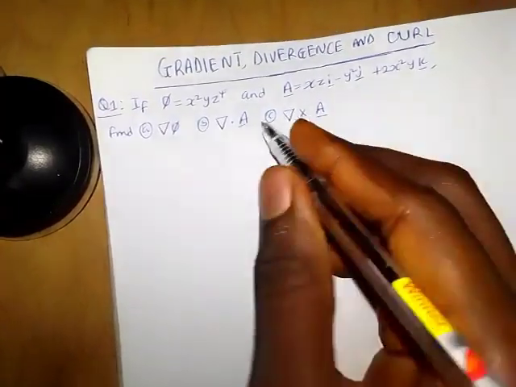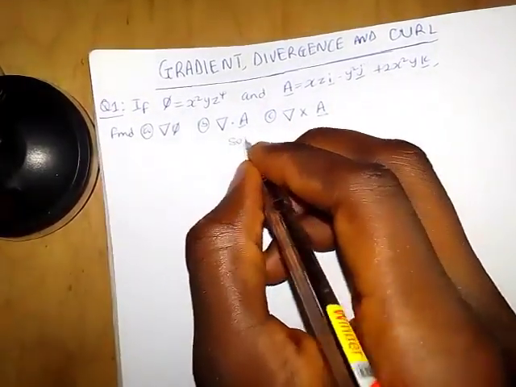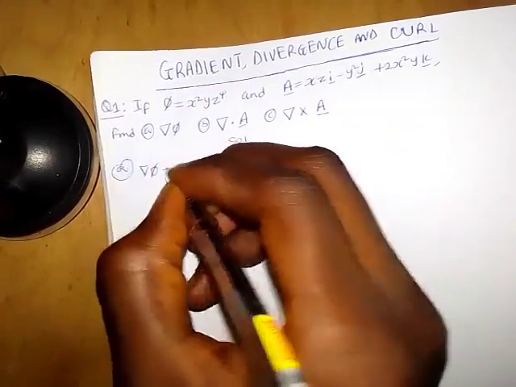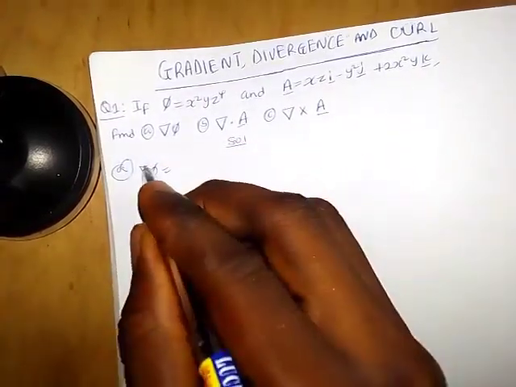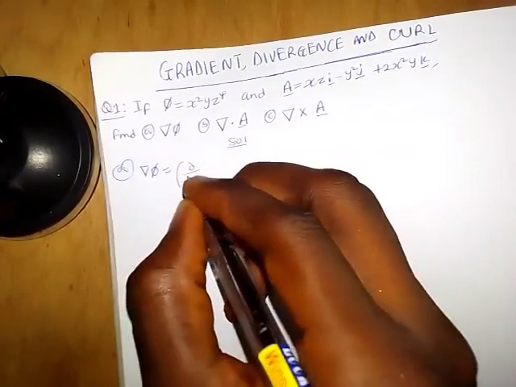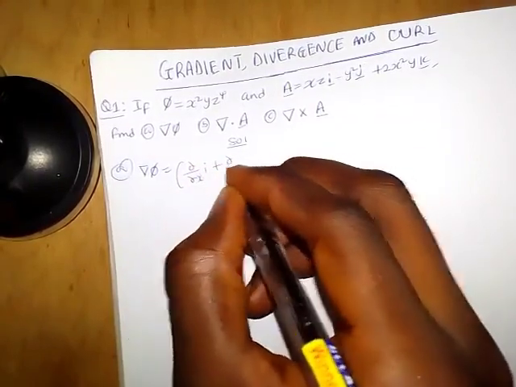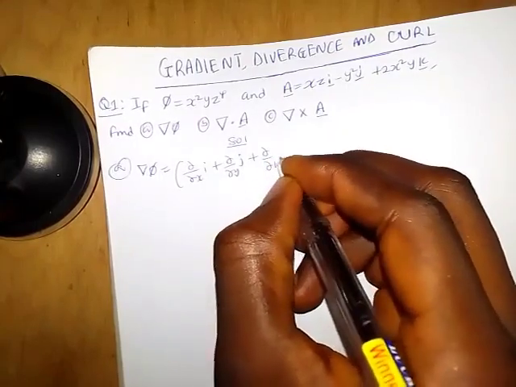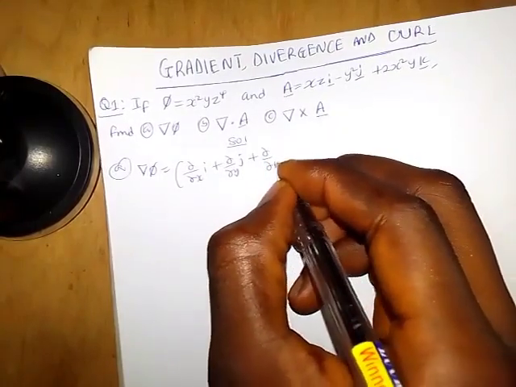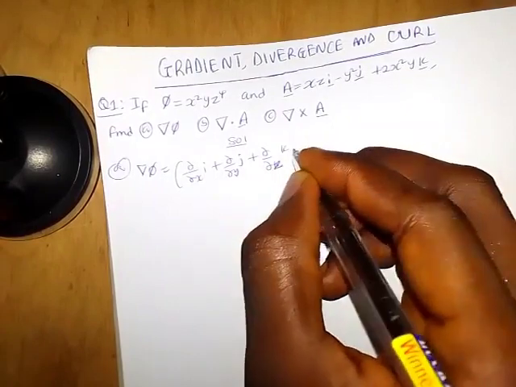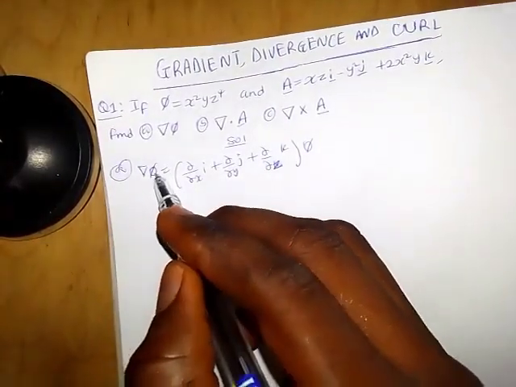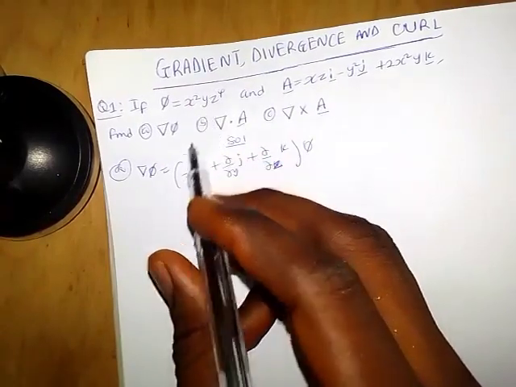So first, let's look at the gradient. We have grad phi, which is an expression for the gradient, simply partial x i plus partial y j vector plus partial z k vector times phi, which is our scalar function.